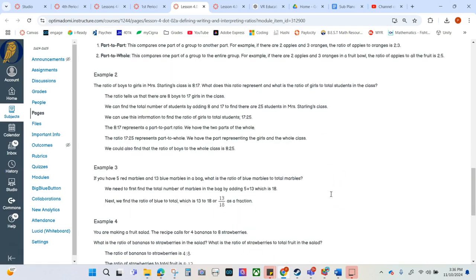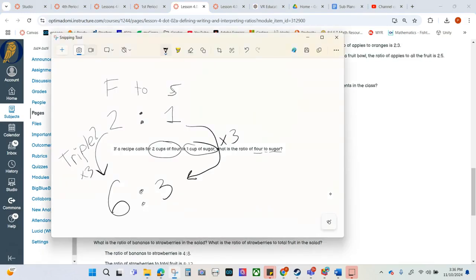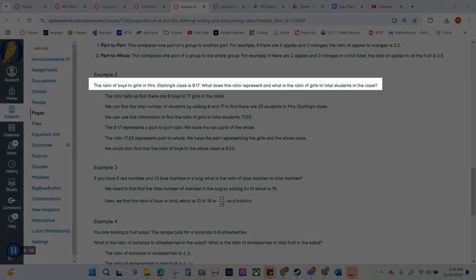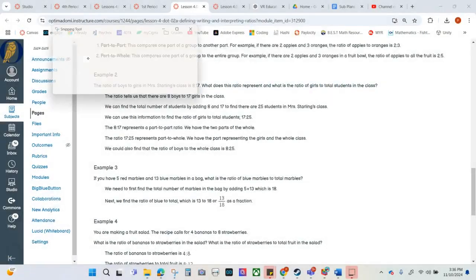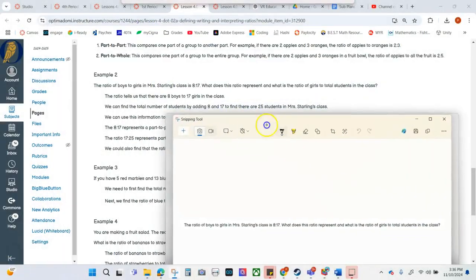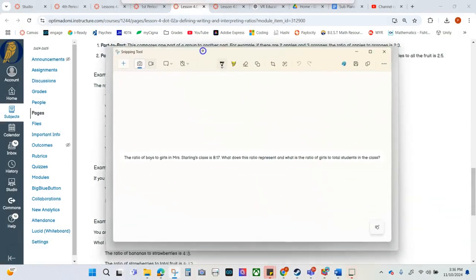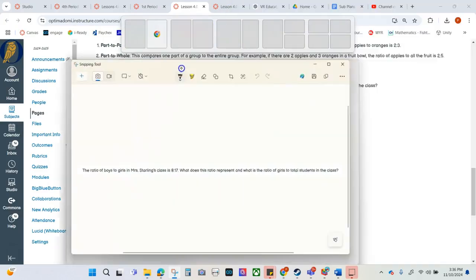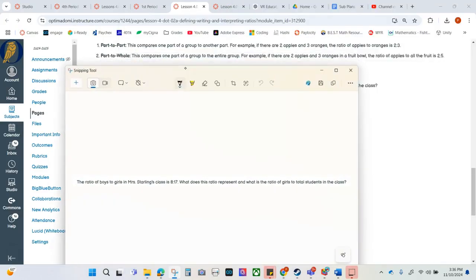All right, let's work through example number 2 together. And you are more than welcome to read through examples 3 and 4 on your own. The ratio of boys to girls in Mrs. Starling's class is 8 to 17.